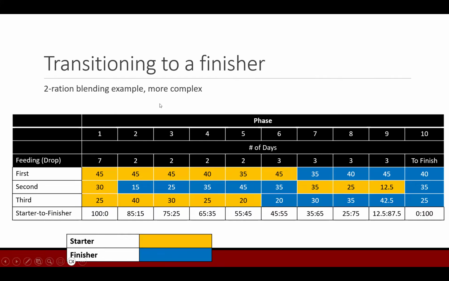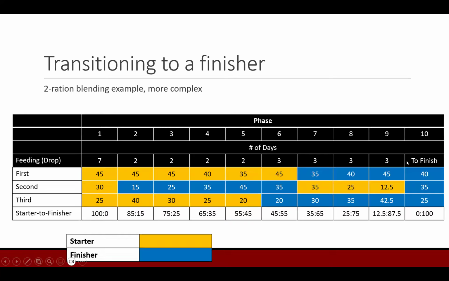So this would be an example of a feed yard, okay, that's using a two ration blending approach. Okay. So this feed yard's got 3 feeding times. So first feeding, second feeding, third feeding. Okay. This just shows the starter to finisher ratio that they would employ. This tells you the different phases.